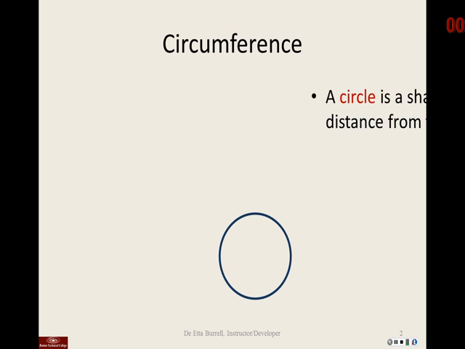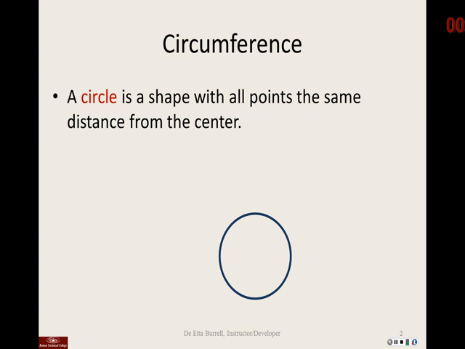So circumference. A circle is a shape with all points that are the same distance from the center. It is named by its center. So this would be called circle A. Remember, all of the edge here is the same distance away from the center.